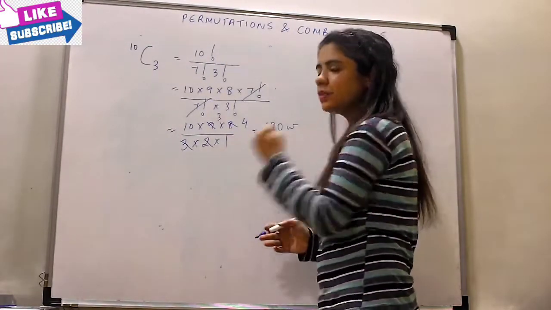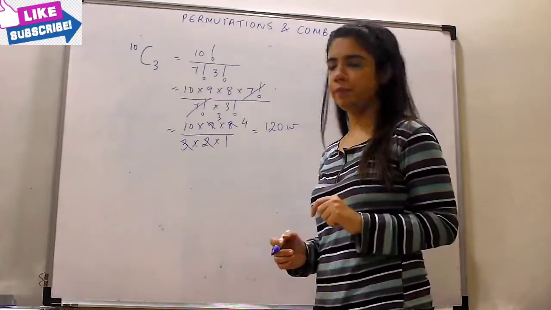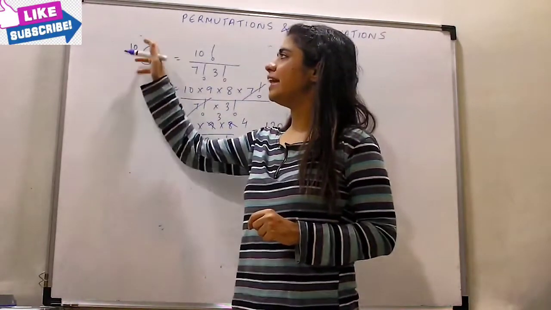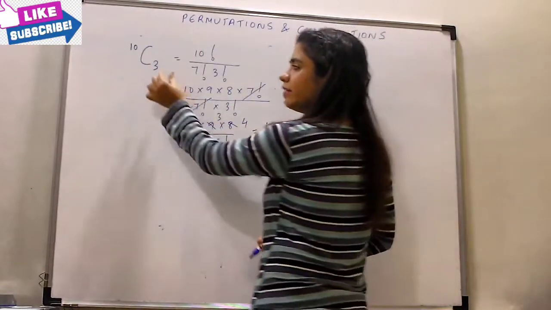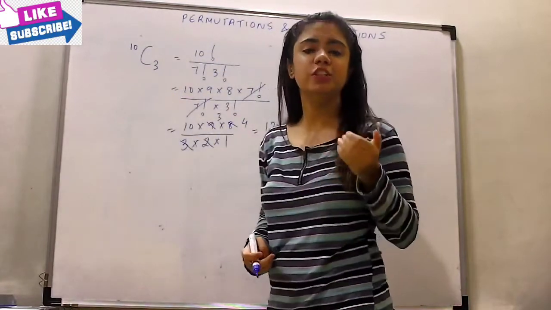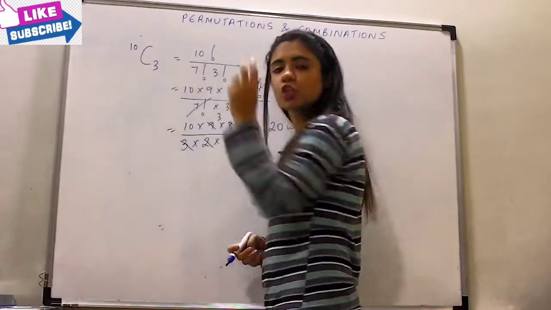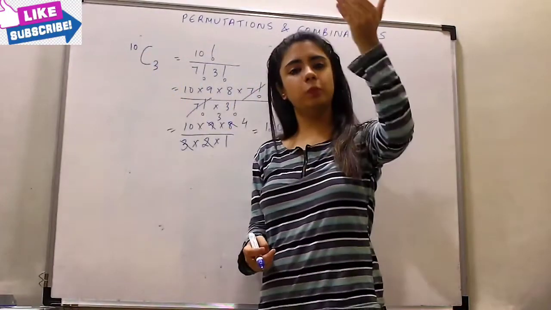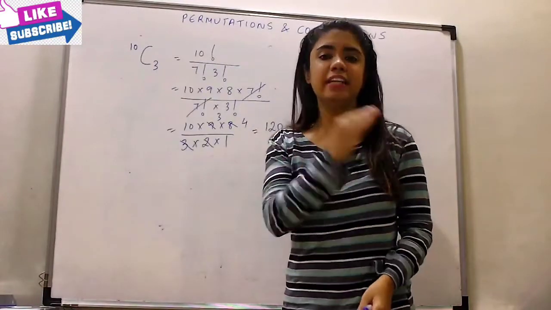So from this we can derive a shortcut trick. Now what is the shortcut? Understand. I had to calculate 10C3. Now whatever is this number, you have to write that many digits only. In this case we had the number 3. So you have to write 3 numbers in the numerator, 3 numbers in the denominator in descending order.